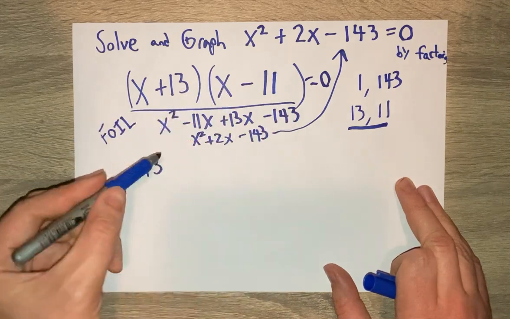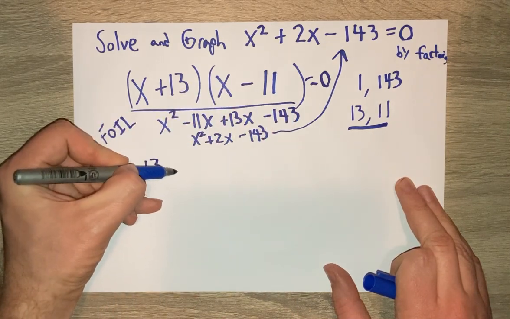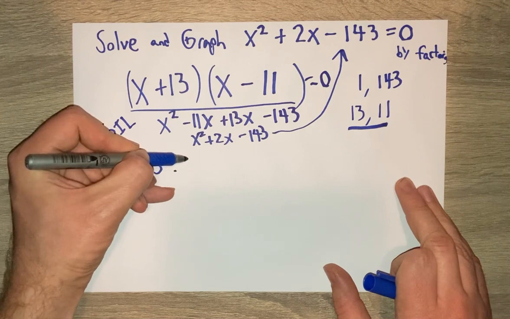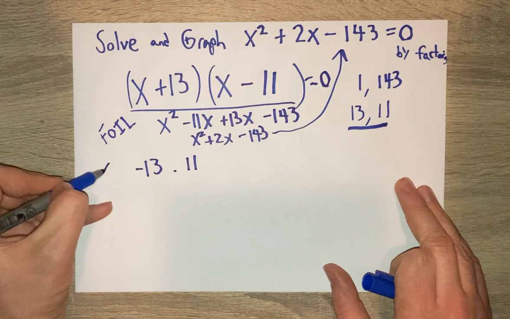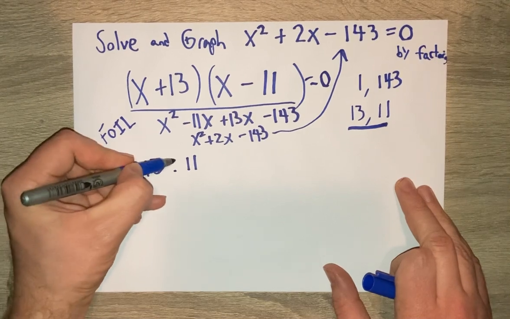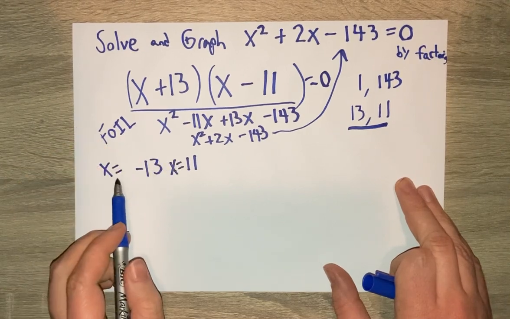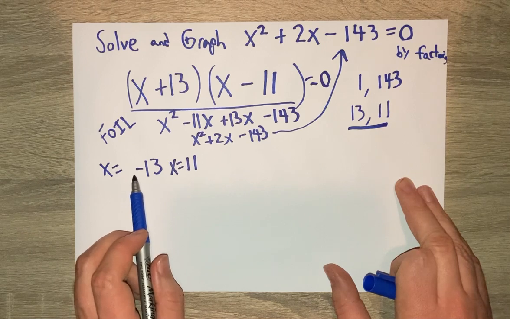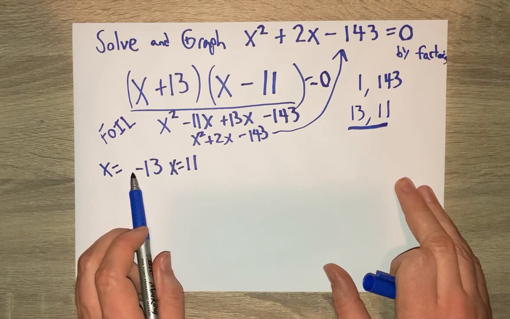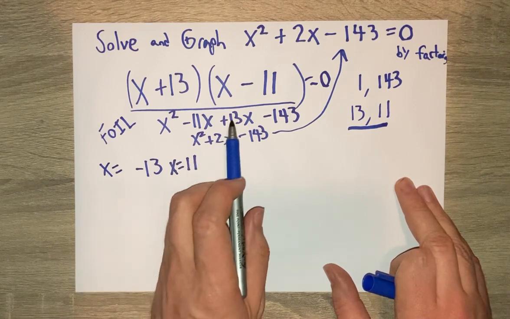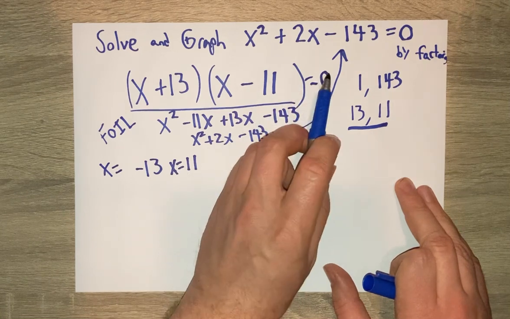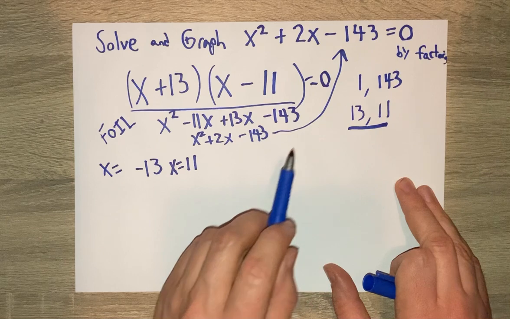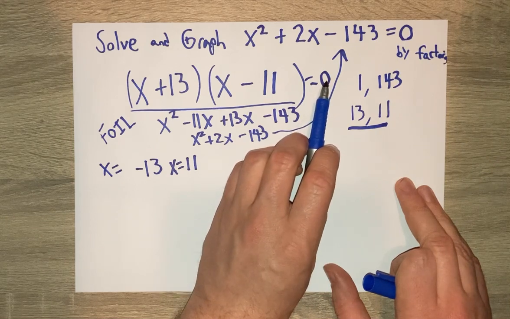And positive 11 as well. So these are going to be our two solutions. And what these represent are x-intercepts in the end, because of course they are values of x that cause the equation to zero out, our y value, as it were, to equal 0.